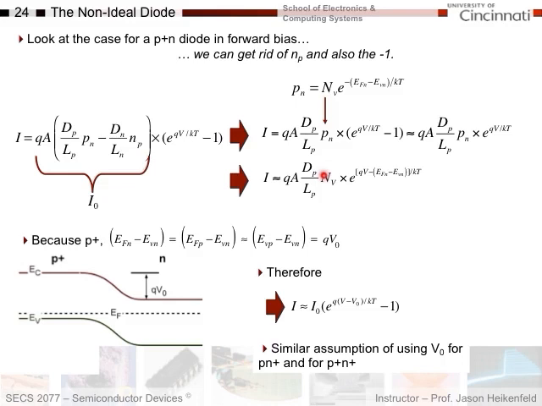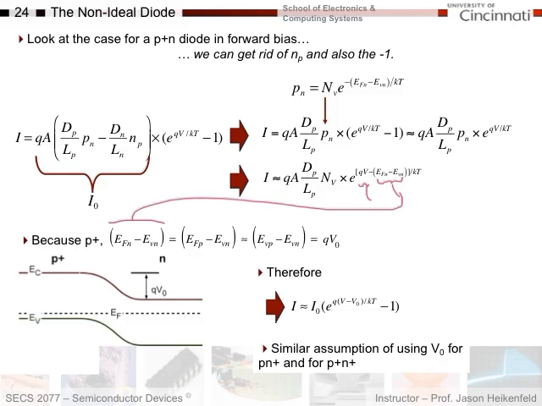And so look what I have here now. Let's take a look just at this term here, because this term we already are familiar with. We're already familiar with e to the qV over kT, but what does this new term here do for us? Well, let's take a look at that term. I'll bring it over here.